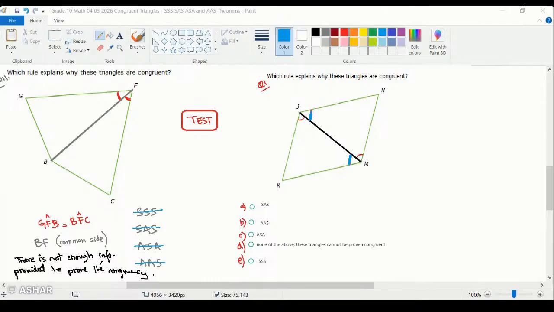Do we have any other angle? Yes, we do. This angle equals this angle. That means two angles and one side are given to us. So we can say angle side angle, right? The angle side angle theorem can be used to solve this, okay?